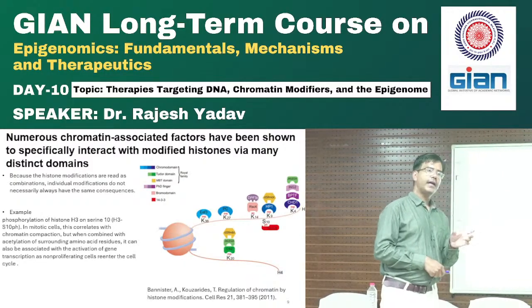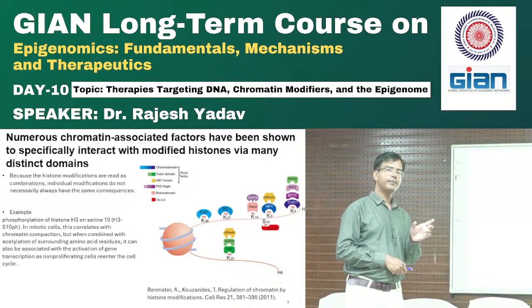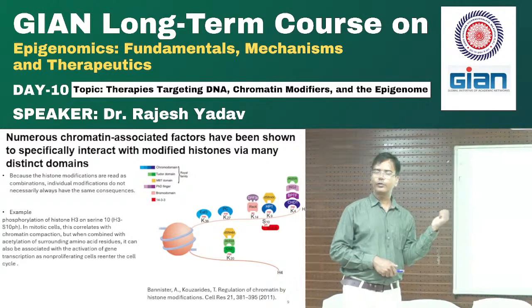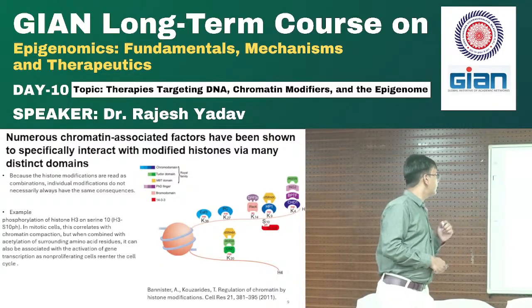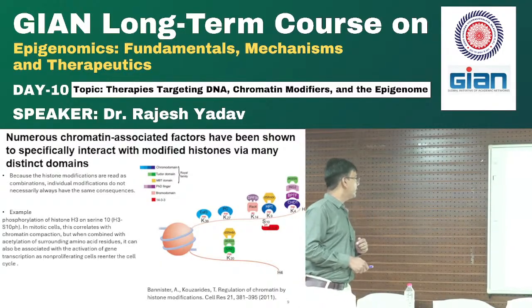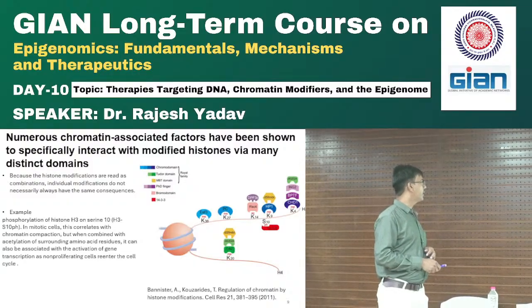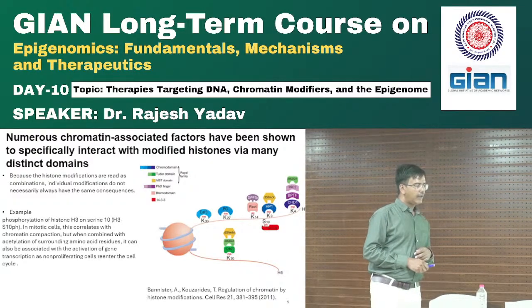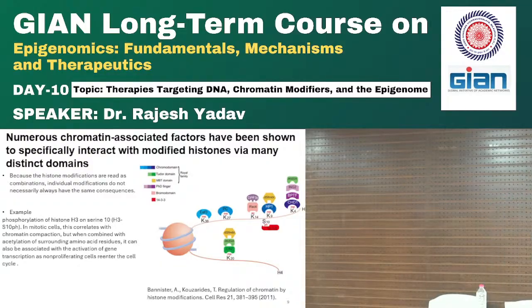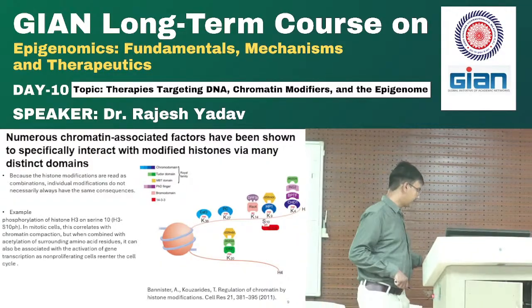So a reader protein has a methyltransferase activity, but sometimes they also have this domain. So it will methylate as well as bind it. So these are the different examples. So reader proteins are the main player. And we'll see some examples.